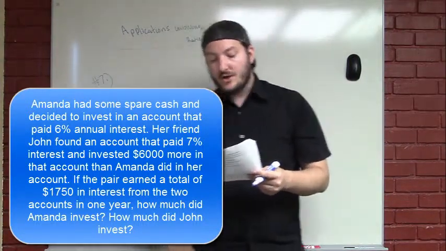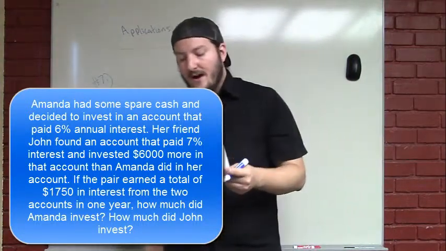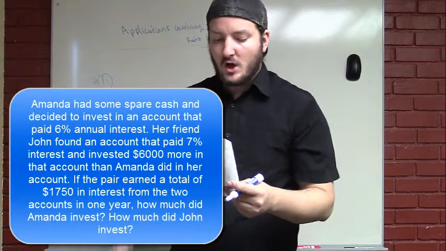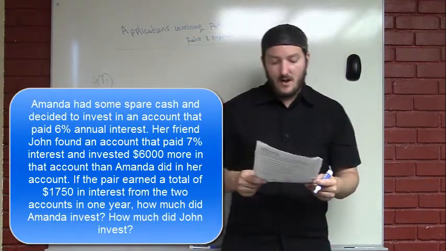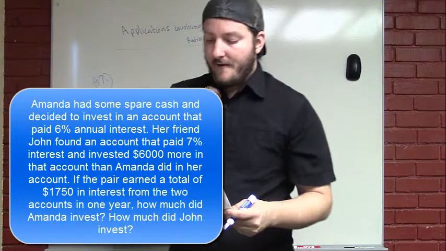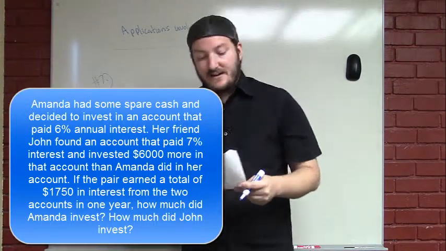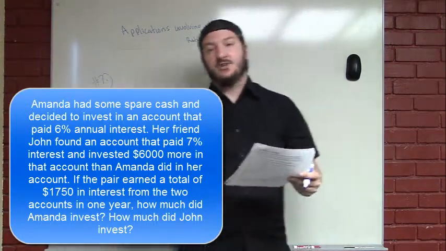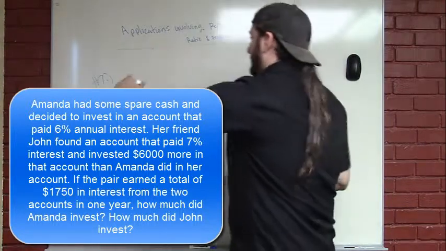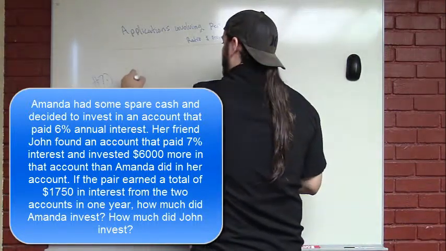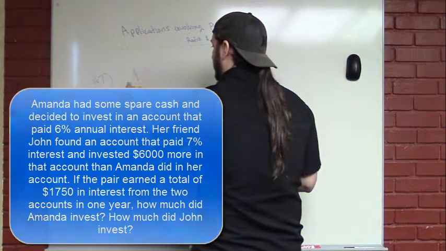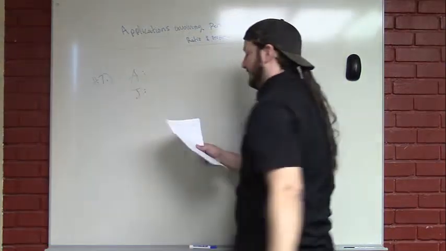If the pair earned a total of $1,750 in interest from the two accounts in 1 year, how much did Amanda invest? And how much did John invest? Okay, so we got Amanda the investor, and we got John the investor.